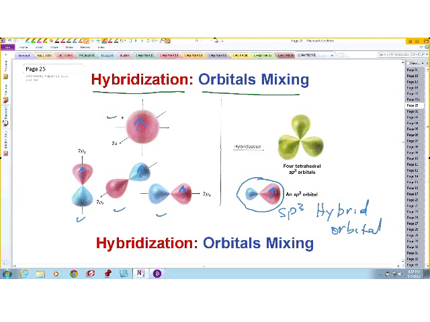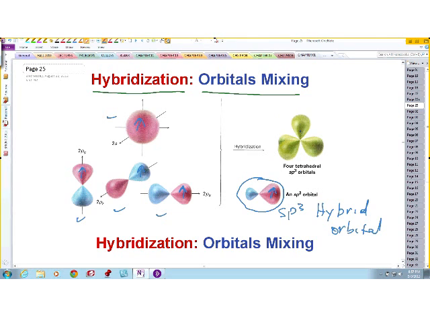Because you are mixing 1 s orbital and 3 p orbitals, we refer to the new hybrid orbitals as sp3 orbitals. We're mixing 1 s and 3 p's. That is how we come out with sp3 hybrid orbitals. You follow that?